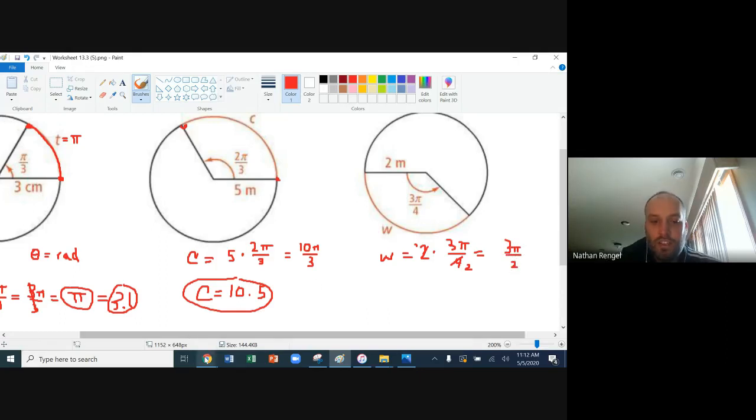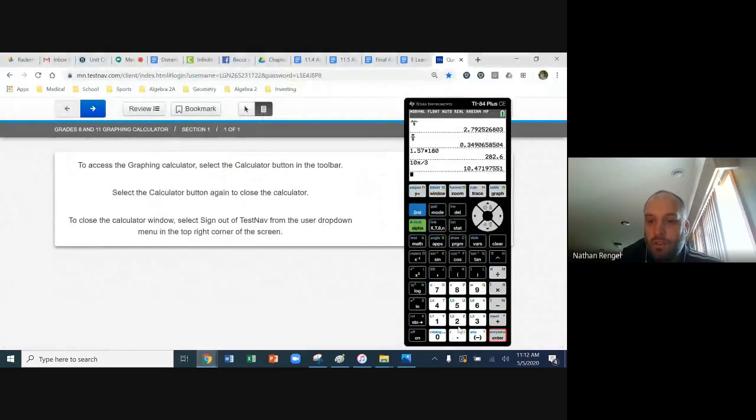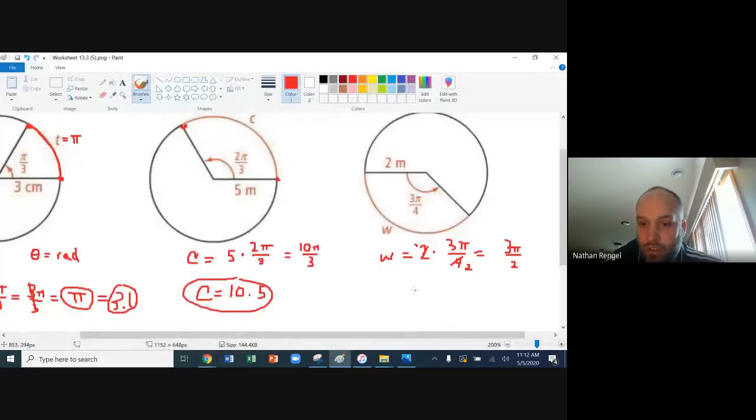And we'll convert that to a decimal. 3 pi divided by 2, and we get 4.7. So our final result would be 4.7, and that would be meters. I forgot to put the units, but we're just representing that length around our circle.